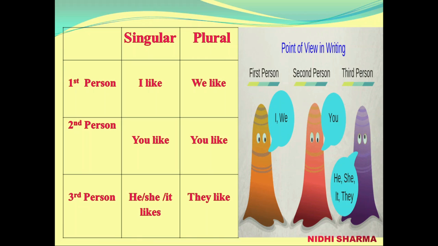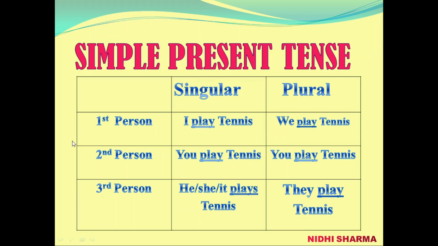Now let us see the table to understand more about simple present tense. In first person singular, we write the sentence as I play tennis. In this, we have used the first form of verb play. And see the sentence in plural form. We have a sentence as we play tennis.